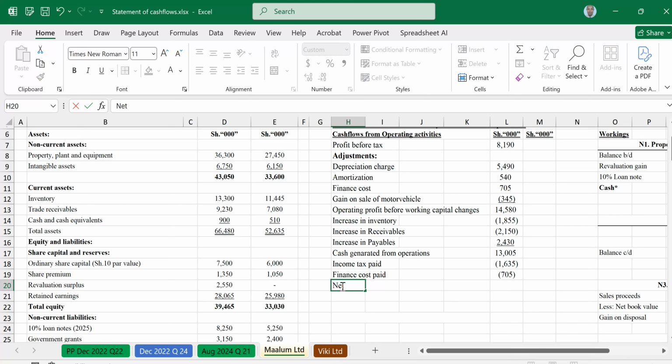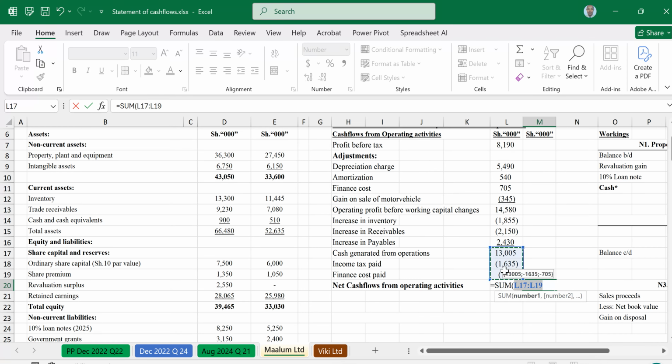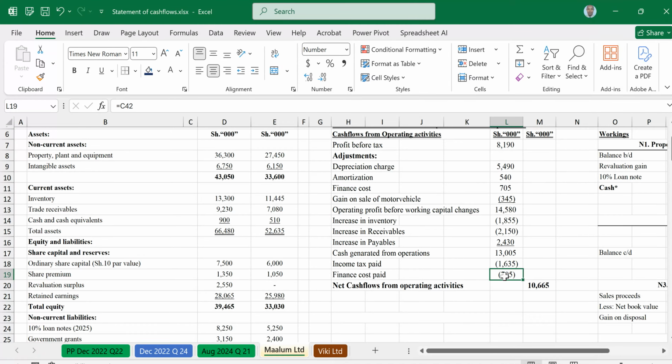This will be the net cash flows from operating activities, and that will be a summation, so equal sign sum from 13005 up to 705, close bracket and enter. 10,665 becomes the net cash flows from operating activities.